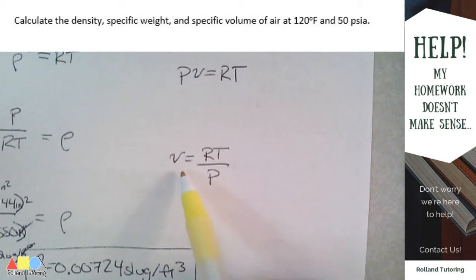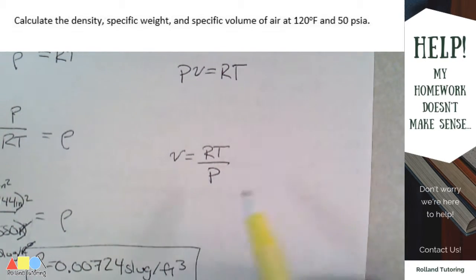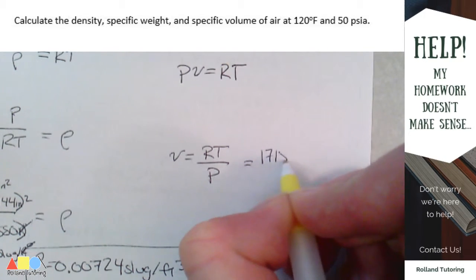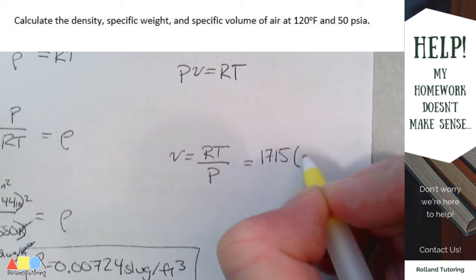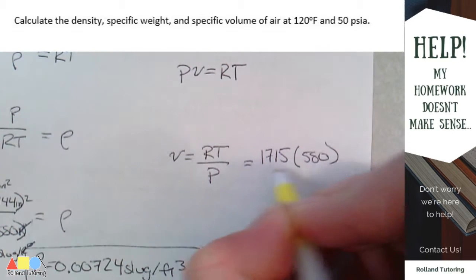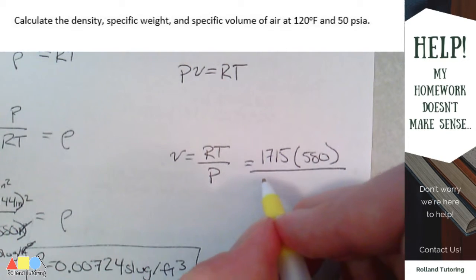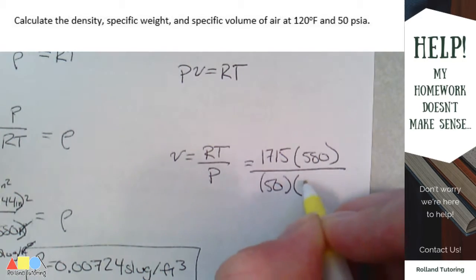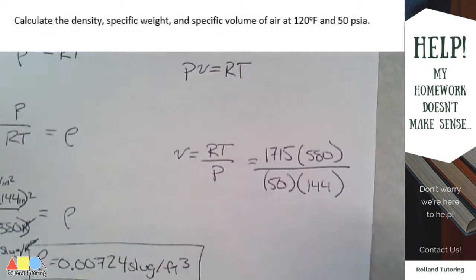Final answer will be our volume equals our constant times temperature divided by pressure. We get 1715 times our 580 over our 50 times 144.